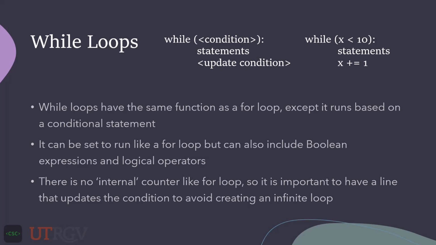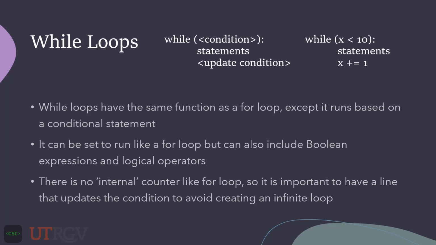The while loop will run as long as that condition is true. The condition can be like the conditions we did last week, such as x less than 5, or some combination with Boolean operators like and, or. As long as it's true, it's going to keep running.